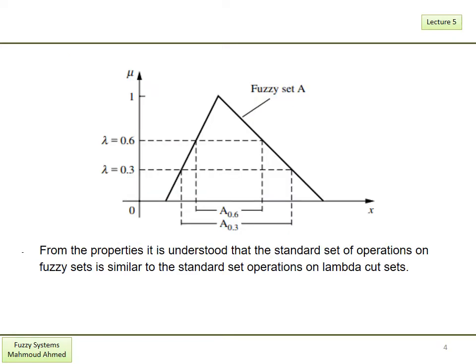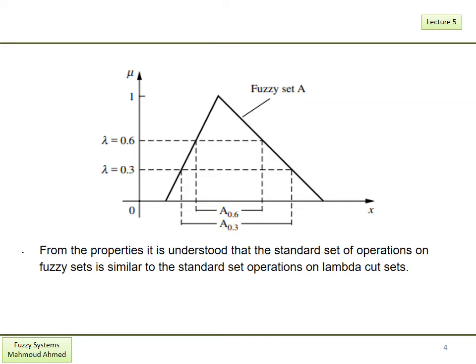This can be shown on this graph where the membership function mu is plotted for this fuzzy set A. For a given value of lambda, for example 0.6, the amplitude should be at 0.6. This means the range lies between the two limits of the fuzzy set A, from this point to this point.